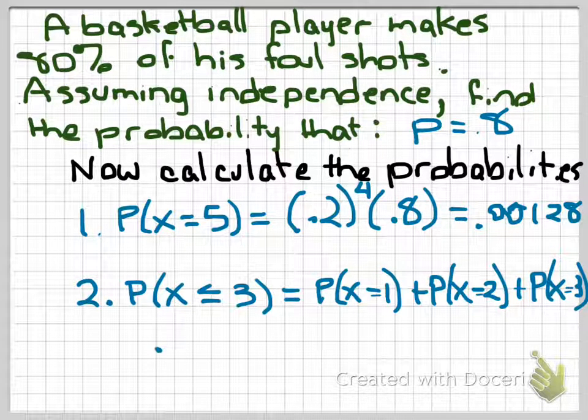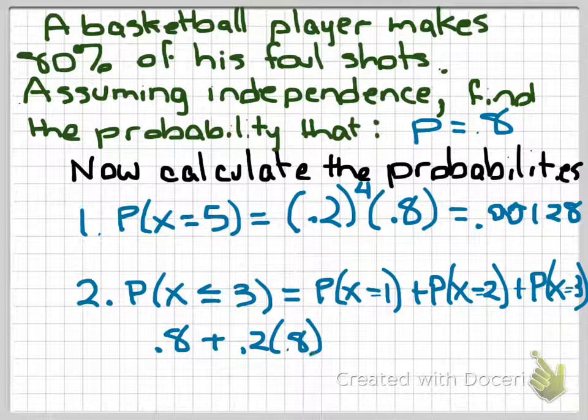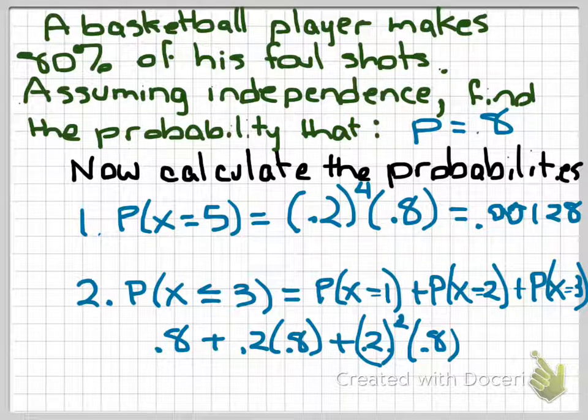We'll have 0.8, which is a success on the first shot, 0.2 times 0.8, which is the probability of his first success on the second shot that he takes, and 0.2 to the second times 0.8, which is, of course, when he makes it on that third shot. And when we put all of that together, we get 0.992. Okay.